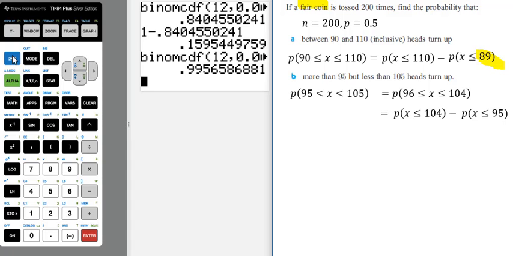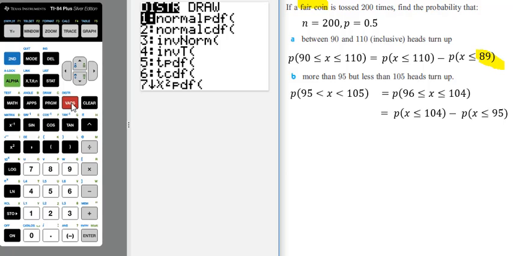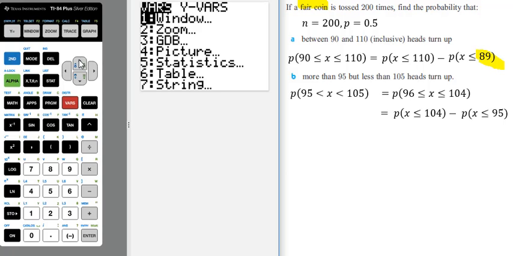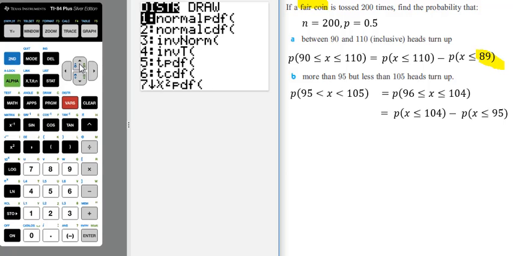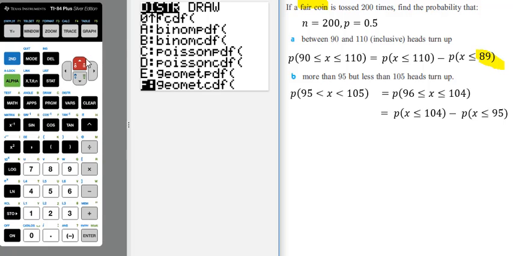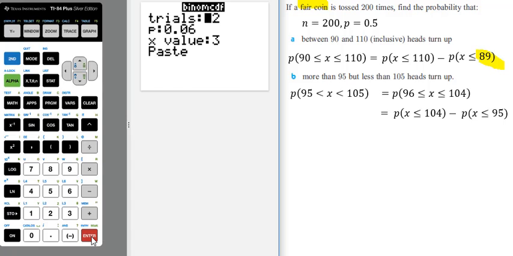So we go to second, variables. Go to this CDF, enter. This will be 200. Probability will be 0.5.